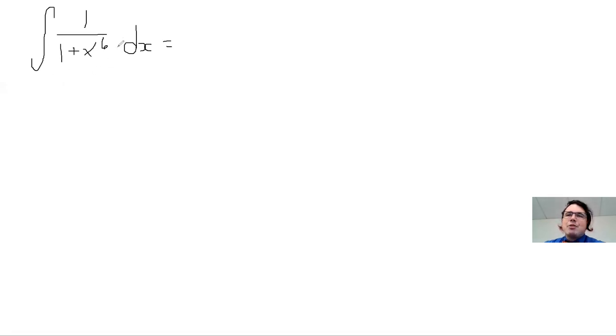And while there is a factorization here, this denominator does not have any real roots. So I will be needing to use something clever to find my factorization. On the other hand, I won't need factorization and I won't need partial fractions if I use Maclaurin series instead.